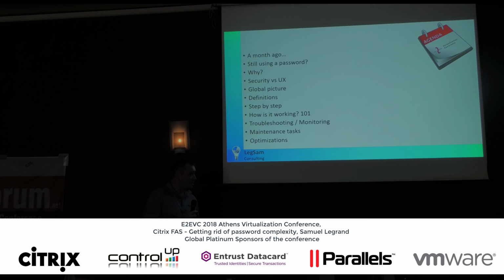We'll see a global picture of the product, because Citrix tries not to promote this product that much, and we'll try to understand why. Then some definitions, a step-by-step installation, how it's working, because it's quite complex to get it to work, the troubleshooting and monitoring part, and then the maintenance and optimizations part.